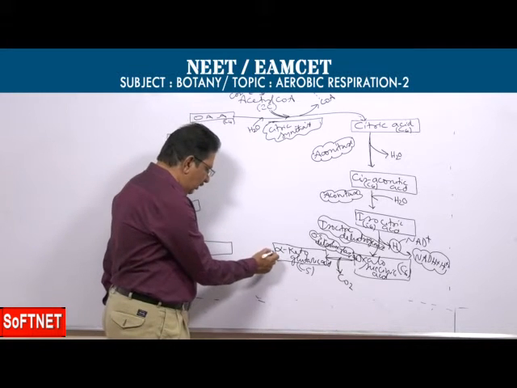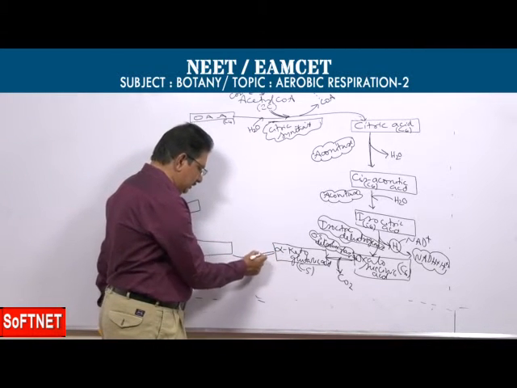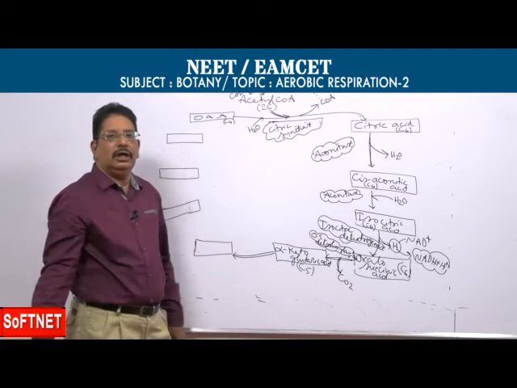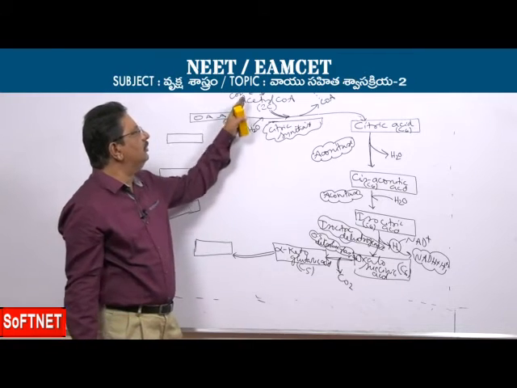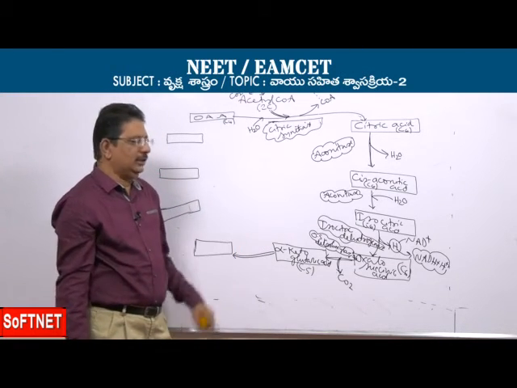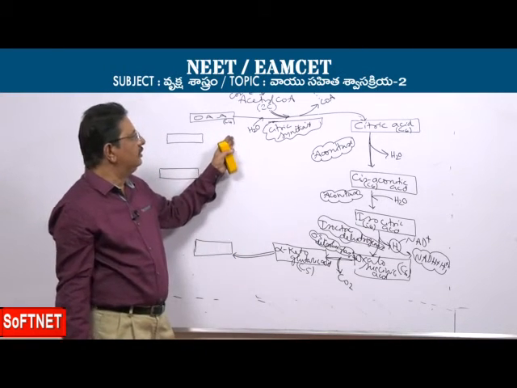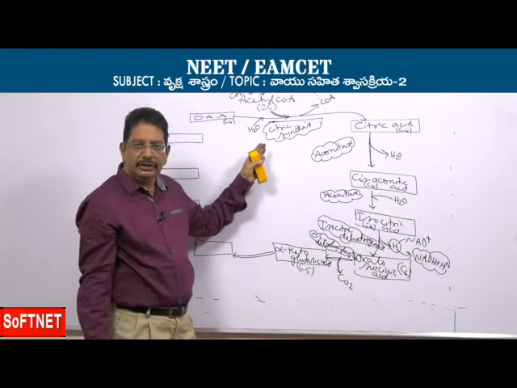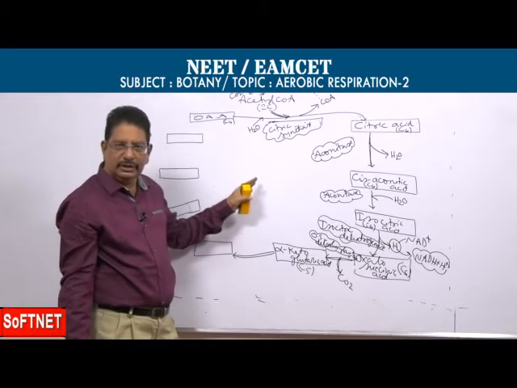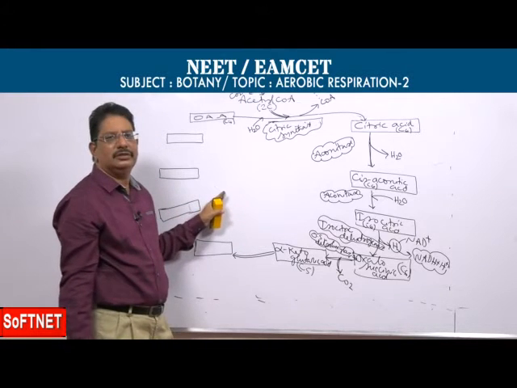Next, the alpha ketoglutarate acid undergoes a complex set of reactions almost similar to the link reaction. So, already you can see in the link reaction there is a decarboxylation, there is a dehydrogenation, there is a condensation.